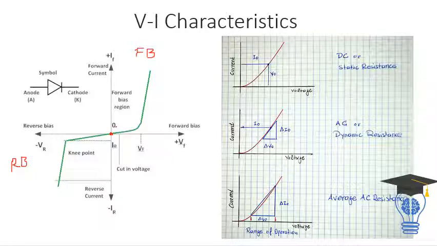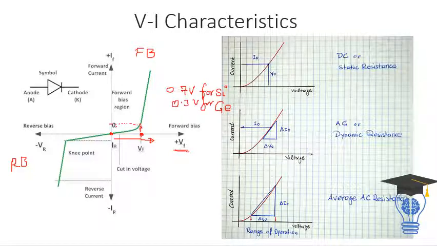The input voltage, that is forward voltage V forward, starts from 0 and varies until you reach the diode's built-in voltage, which we can also call the barrier potential, which is 0.7 volts for silicon and 0.3 volts for germanium.